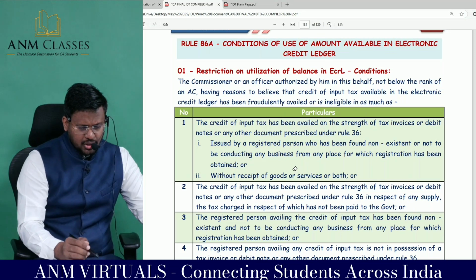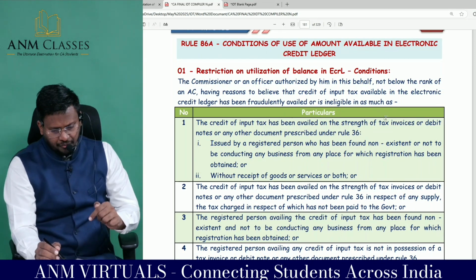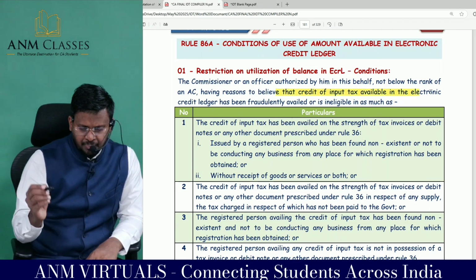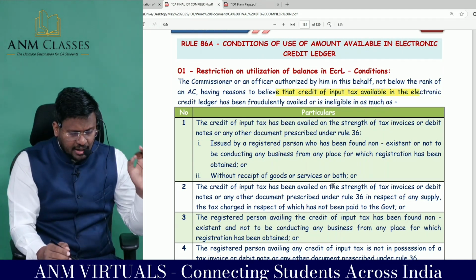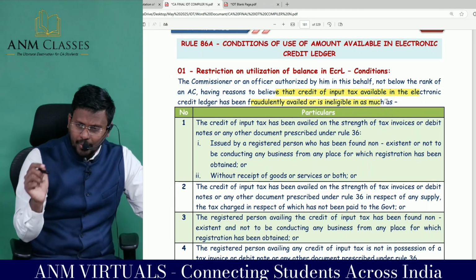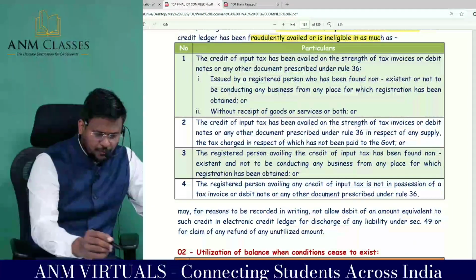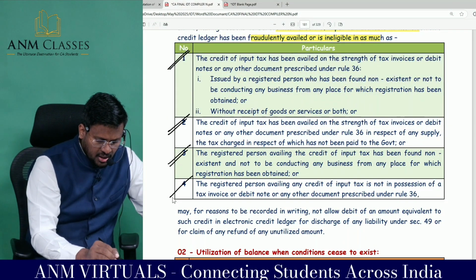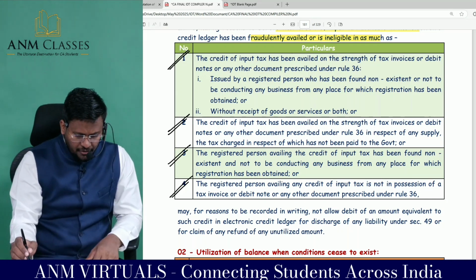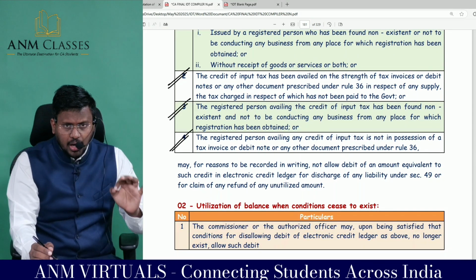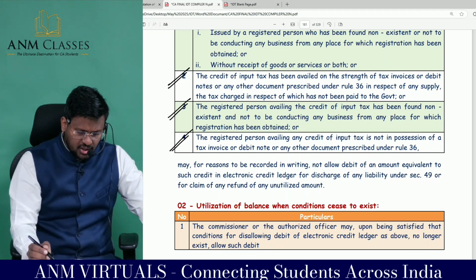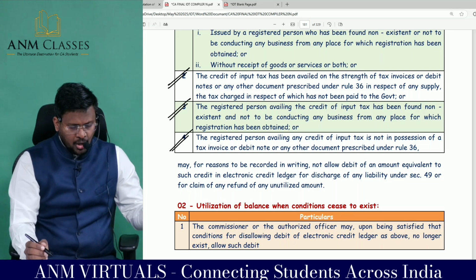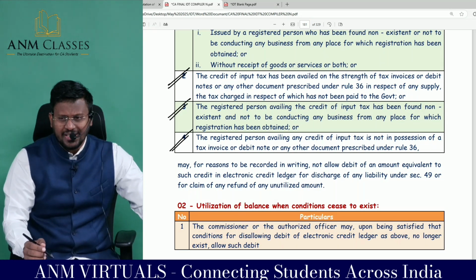The Commissioner or an officer authorized by him in this behalf, not below the rank of Assistant Commissioner or Additional Commissioner, having reason to believe that credit of ITC available in the electronic credit ledger has been fraudulently availed or is ineligible, in these 4 circumstances, may, for reasons to be recorded in writing, not allow debit of an amount equivalent to such credit in the electronic credit ledger for discharge of any liability under section 49 or for claim of any refund of any unutilized amount.